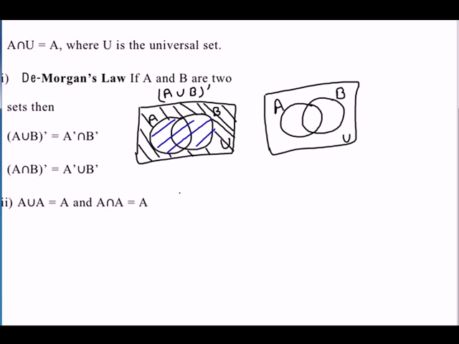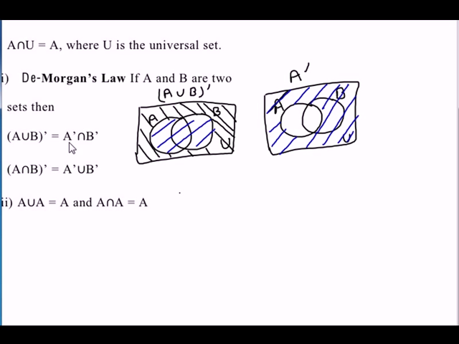So what is A complement? Everything that is not part of A. So let's again denote that by the blue. So the blue lines here represent A complement, which means everything that is not in set A.